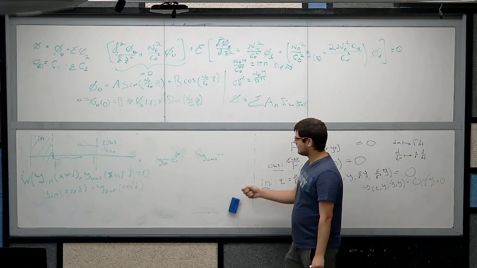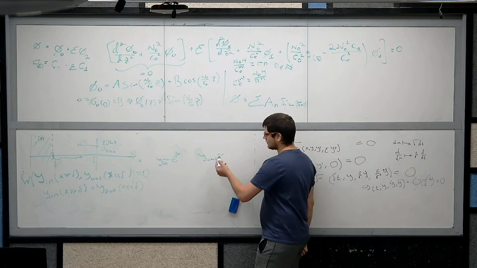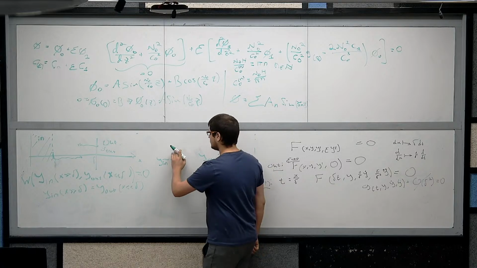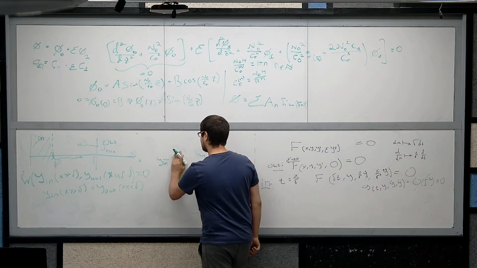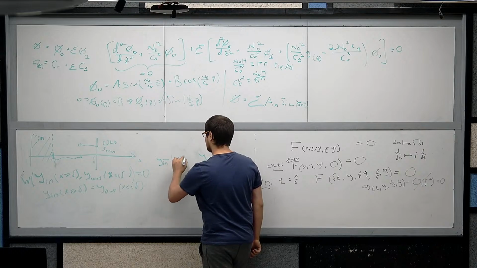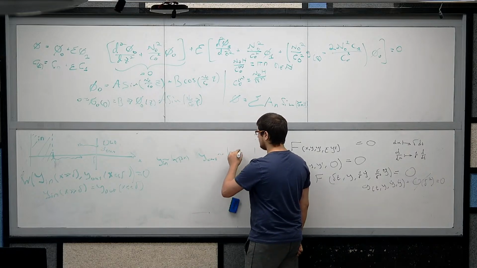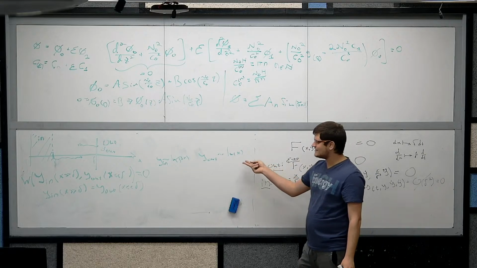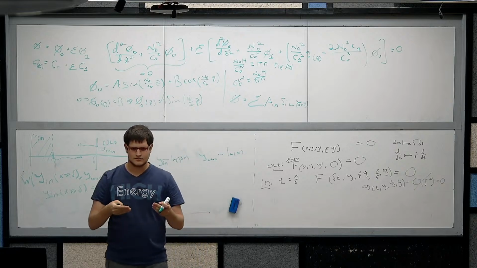So, and y outer is going like what? Let's say y inner we'll take like that: ln of beta x, and y outer is going like ln. In that case, doing the matching is actually very hard.